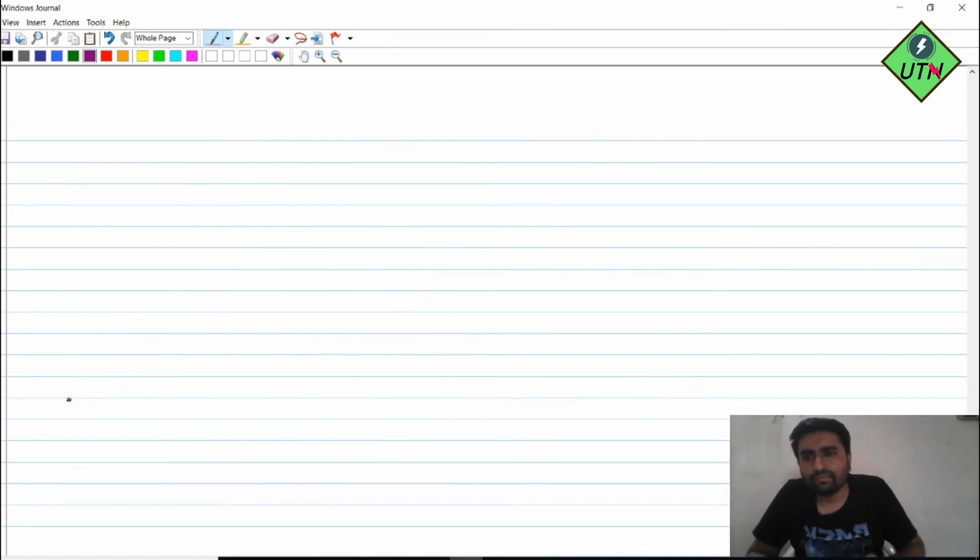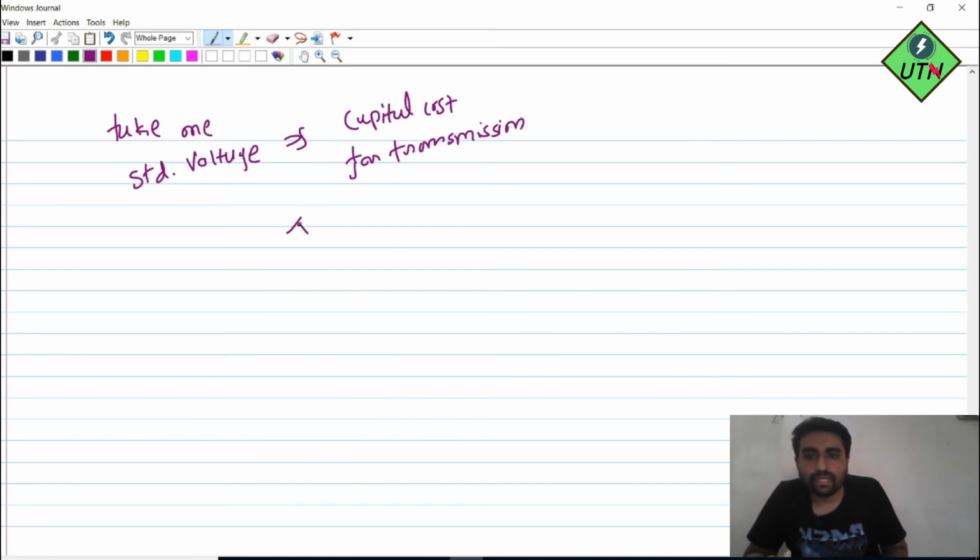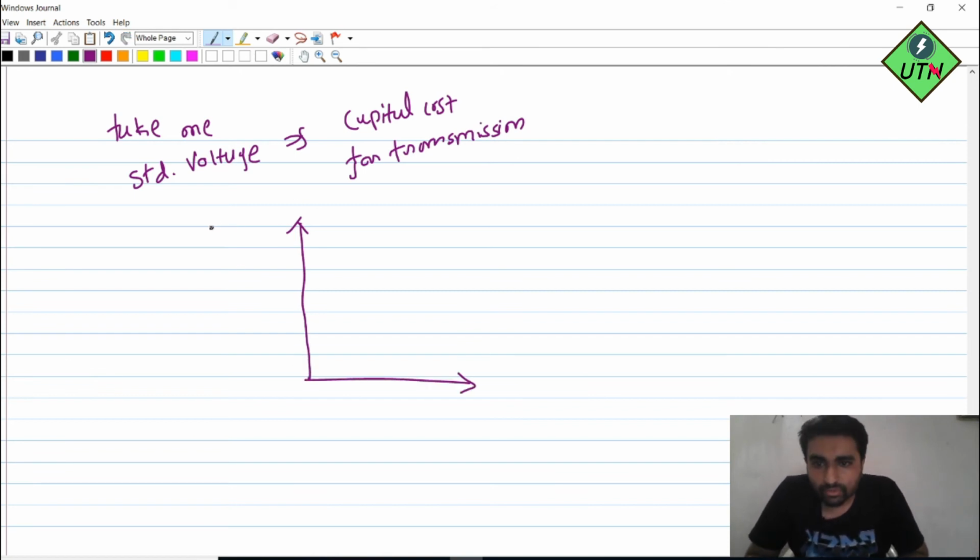So for that, we can take one standard value of voltage, right? And for that standard voltage we need to calculate the capital cost for the transmission, right? And from this exercise, what we will have at the output is a particular curve that shows the capital cost on the y-axis and the transmission voltage on the x-axis.